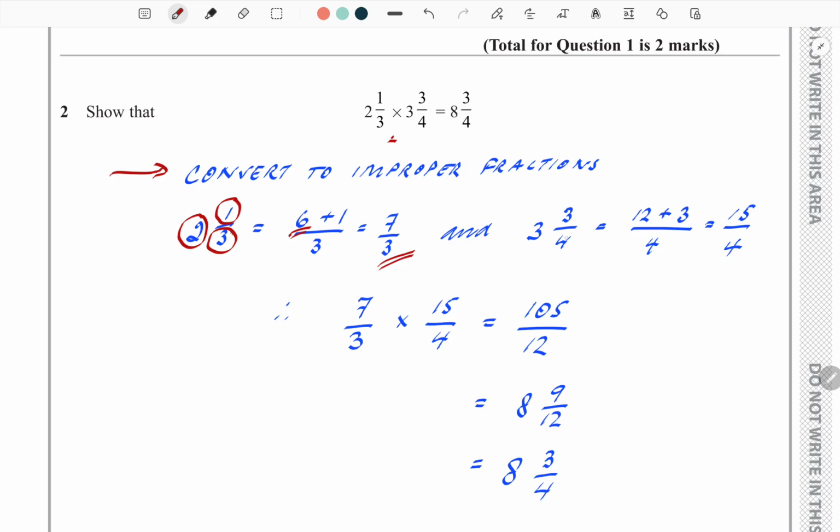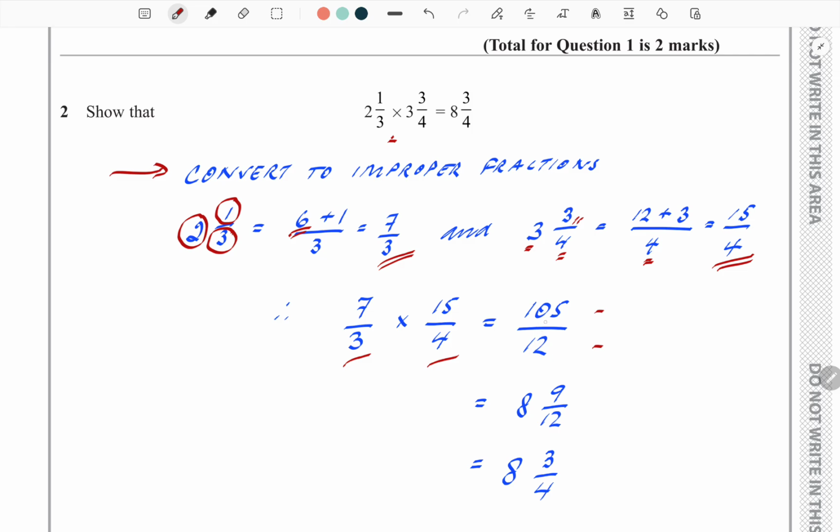Okay. Using the same technique, the second fraction, we take 4 times 3 is 12, plus the 3, giving us 15, and over the original denominator 4, so 15 over 4. And once you've got it in the improper fraction form, then it's a straightforward multiplication. So 7/3 times 15 over 4 and multiply straight across. 7 times 15 is 105. 3 times 4, 12. 105 over 12.